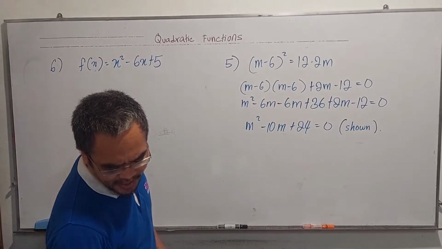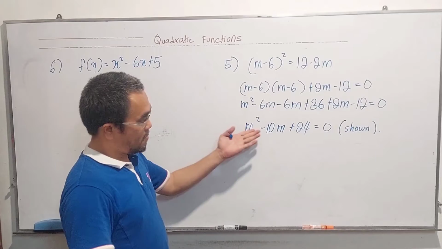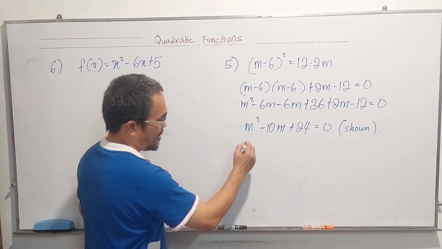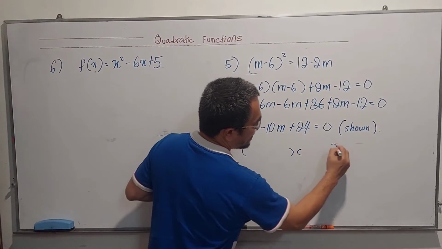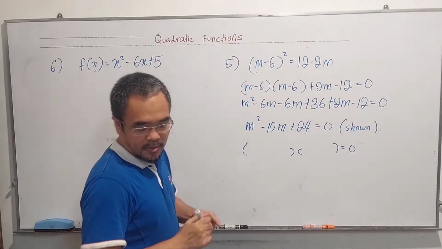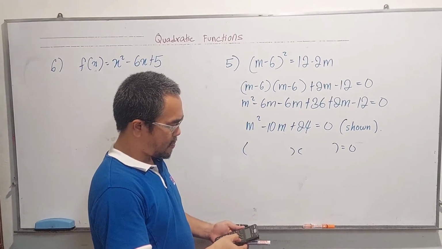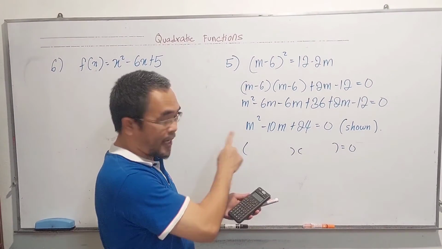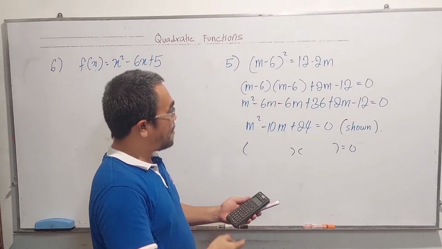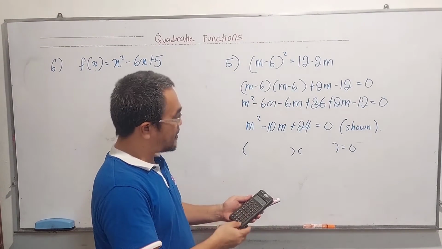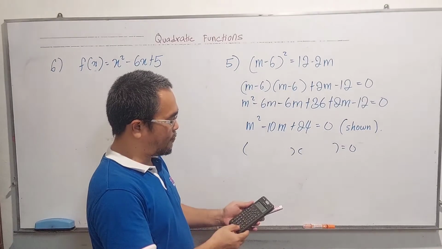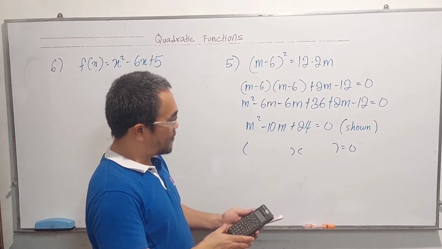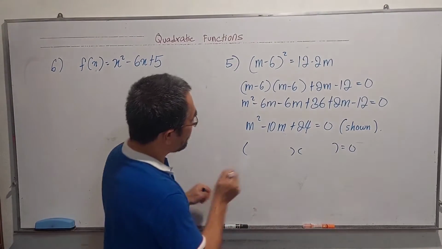And hence, solve the equation. Solve the equation means use the calculator. A is 1 here. B is negative 10. C is 24. So the first value is 6.